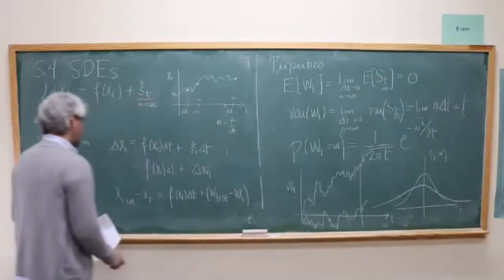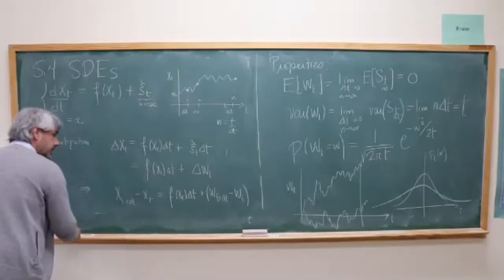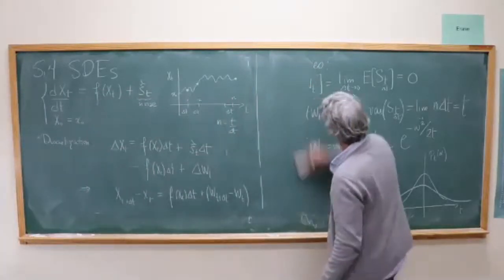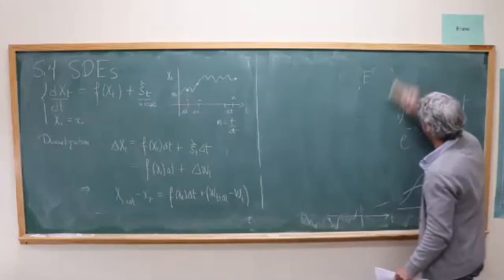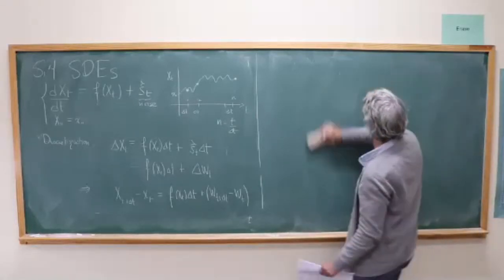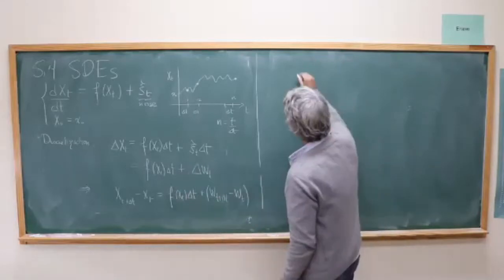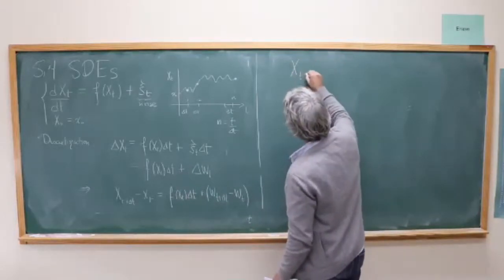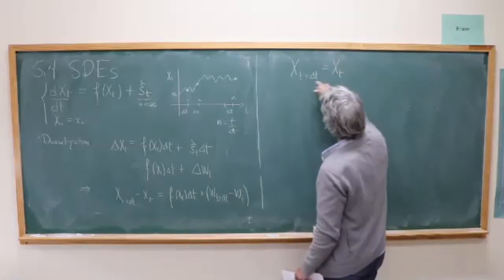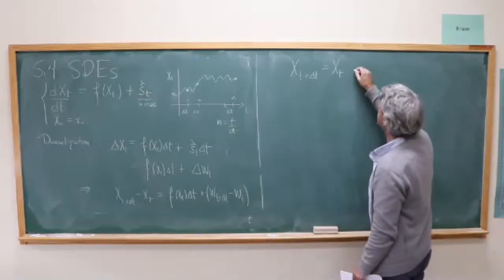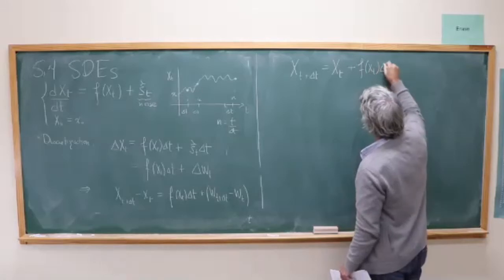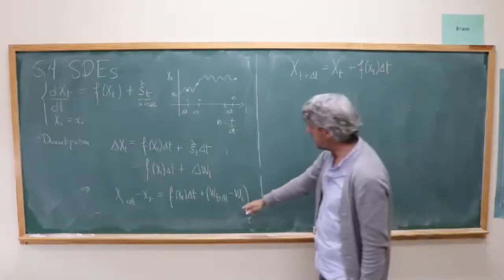Okay. I could rewrite things a bit, and maybe I should do it on this board here. So I'm going to put the x_t on the other side. So what I have is a kind of recursive equation where starting from this state, I get the new state, and the iteration is plus f(x_t) delta t. And now here I'm going to write this in a different way.